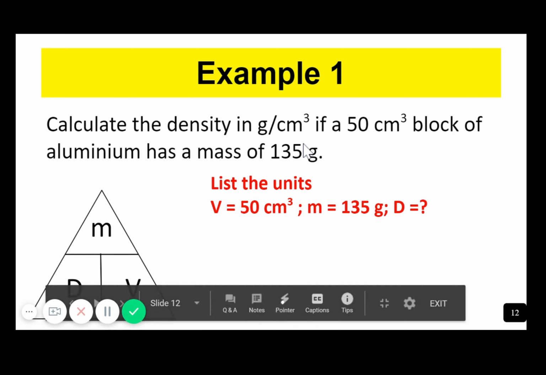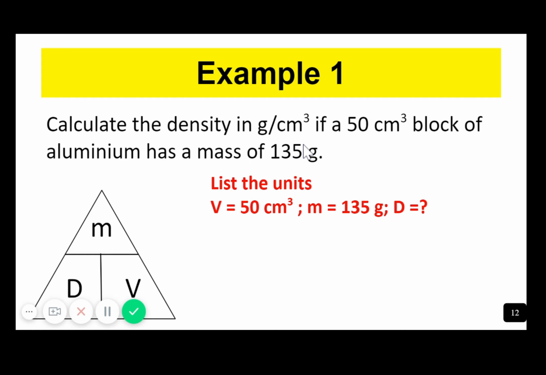The next one is the mass, 135 grams. We have the mass and the volume, and all we are trying to find is the density. So density is mass over volume, 135 divided by 50, which is 2.7 grams per centimeter cube.